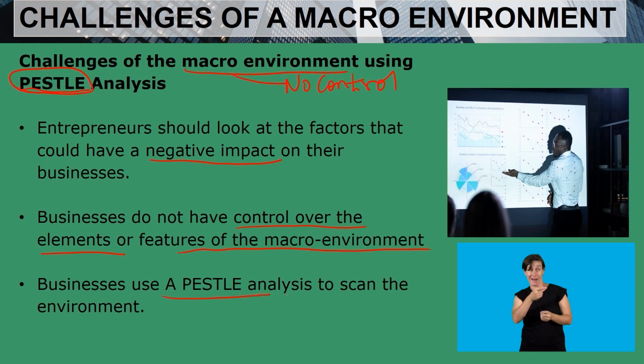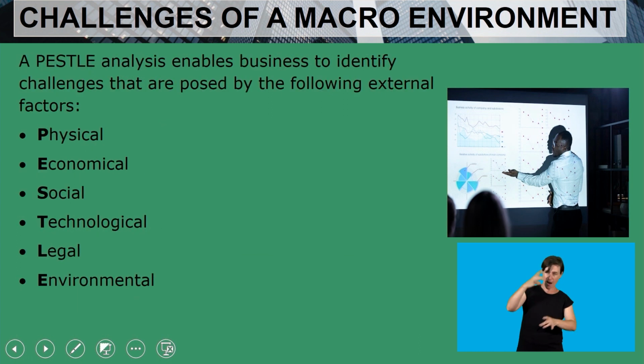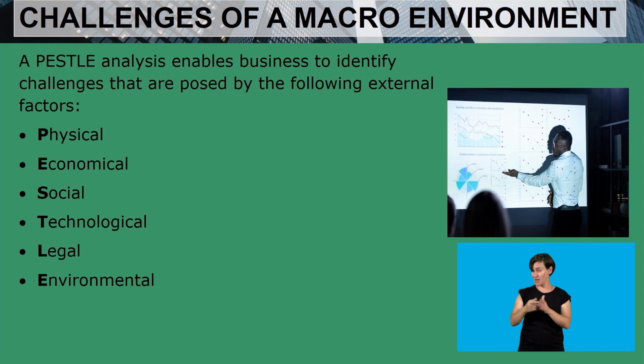Businesses use a PESTLE analysis to scan the environment to check whether something will have a negative impact, or what impact it will have. A PESTLE analysis enables businesses to identify challenges that are posed by the following external factors: political, economic, social, technological, legal, and environmental.